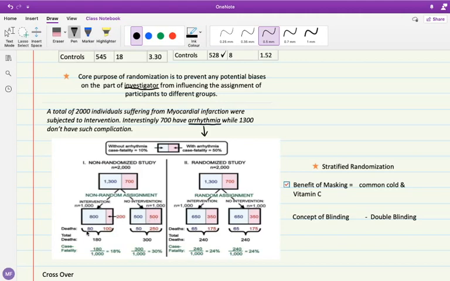And then we noticed that, since the case fatality rate is 50%, out of this 1000 folks, 180 deaths were reported. So the case fatality rate of myocardial infarction is reported as 18% and 30% in the intervention and no-intervention groups. But this is a non-randomized assignment.